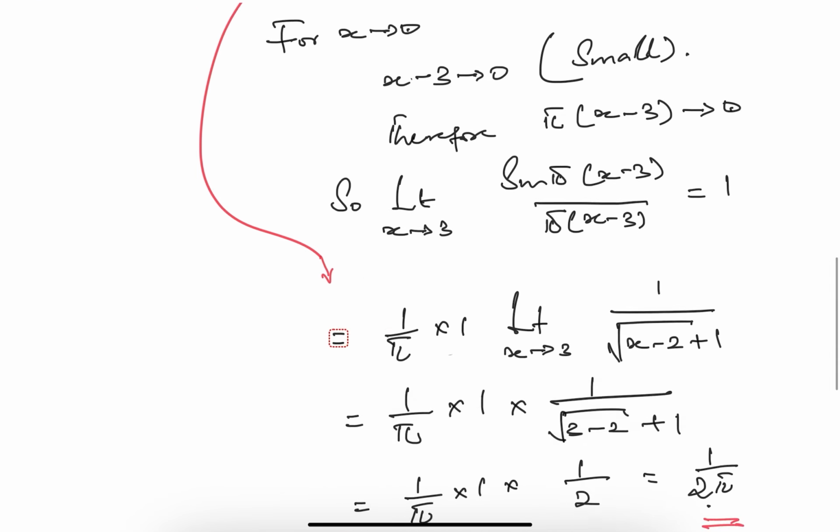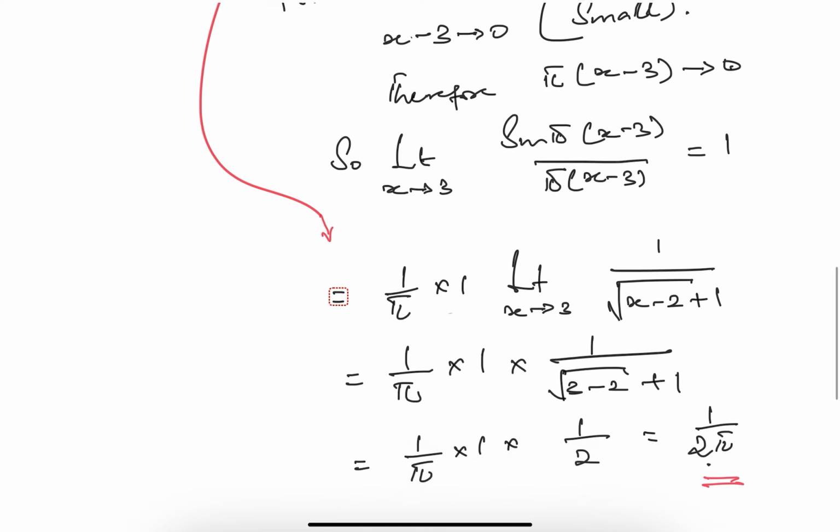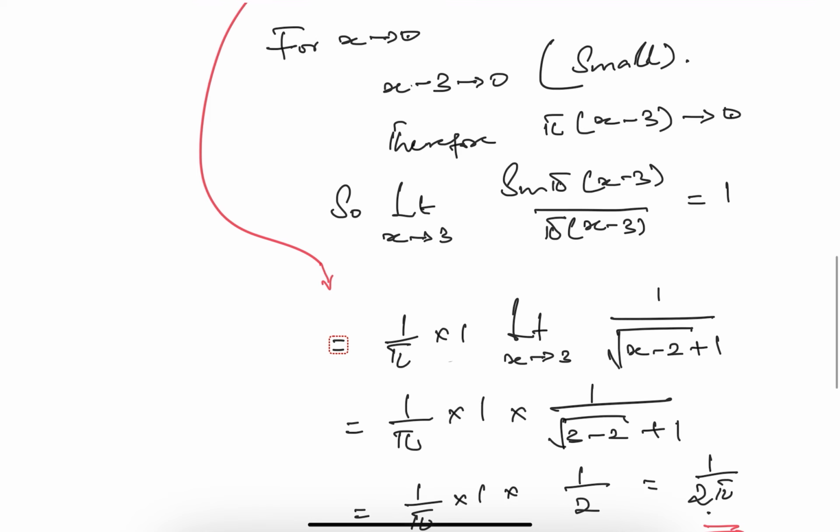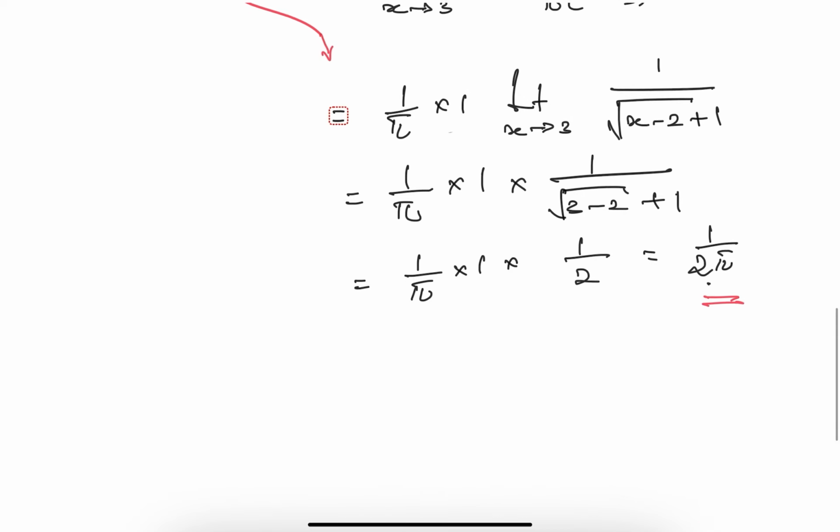So go back and substitute that 1 into the original function we were working with. We have 1 over pi times 1, and the limit of 1 over (square root of (x minus 2) plus 1).